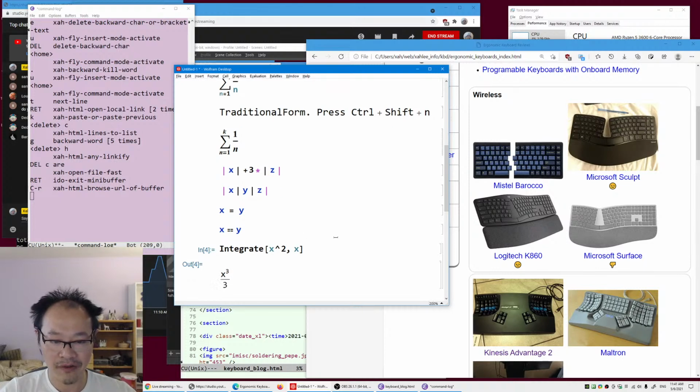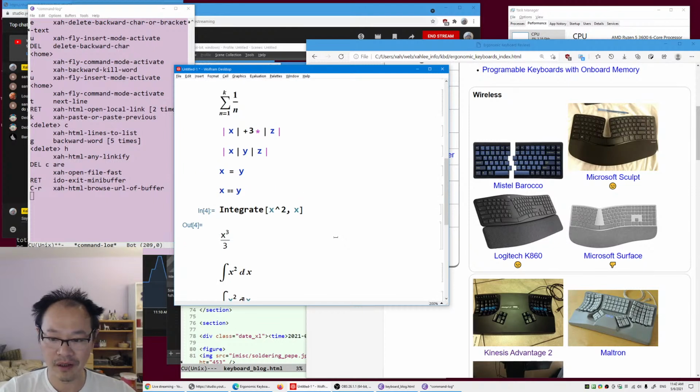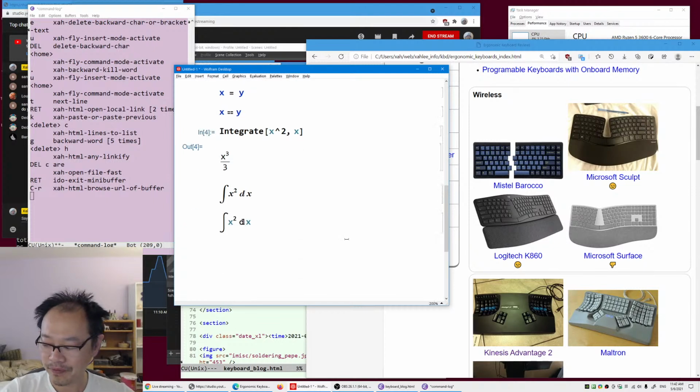the convention and tradition has tremendous power, the force of human habit. Therefore, in Wolfram language, they eventually decided to stick with the traditional form.